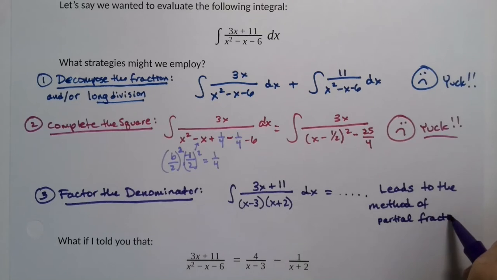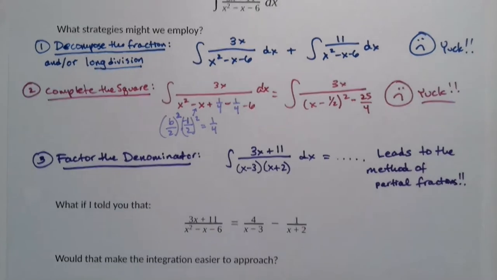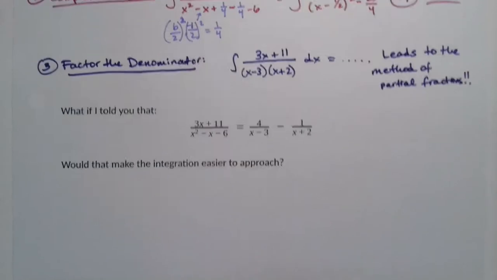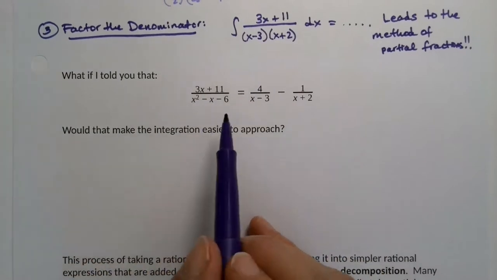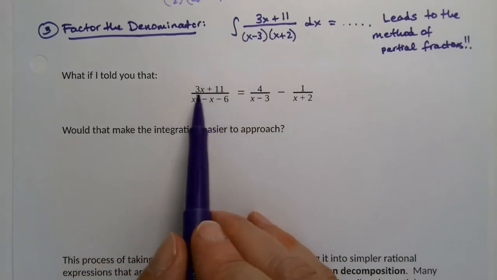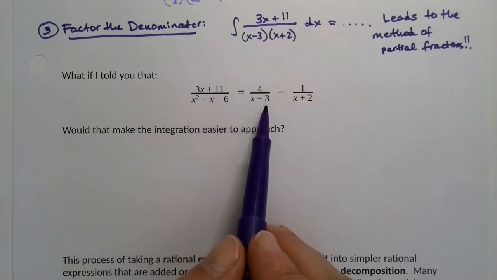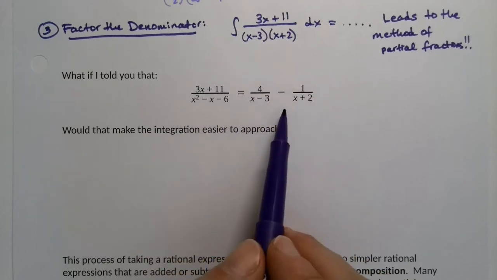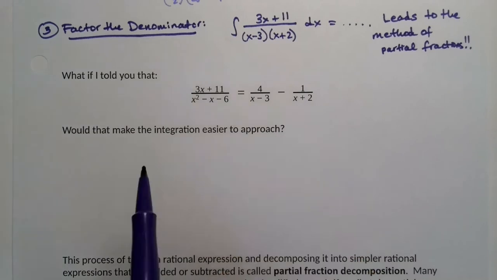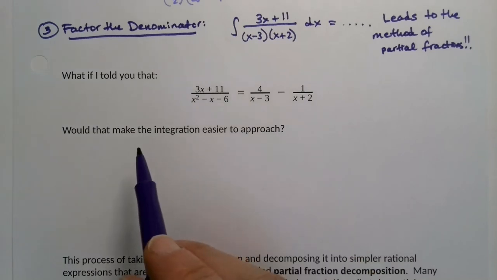All right, before we even get there, though, let's take a moment and look at what partial fractions are. So what if I told you that that integrand, 3x plus 11 over x squared minus x minus 6, is equal to 4 over x minus 3 minus 1 over x plus 2? Wouldn't that make the integration easier? And the answer is, oh yeah, it would.